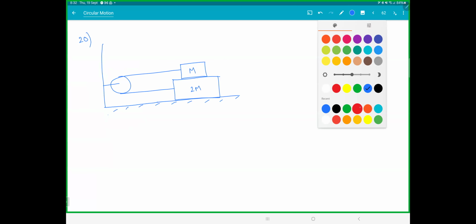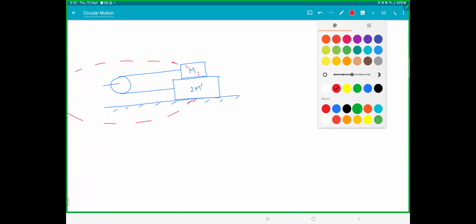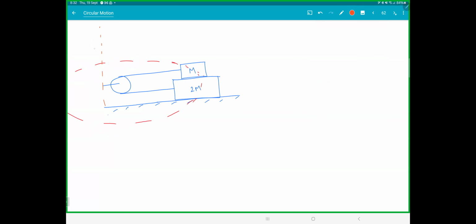And this whole setup is rotating with omega. All surfaces are rough. So here the friction is mu. This is also mu. Find omega max if the blocks don't slip.